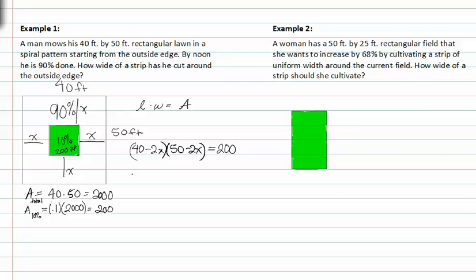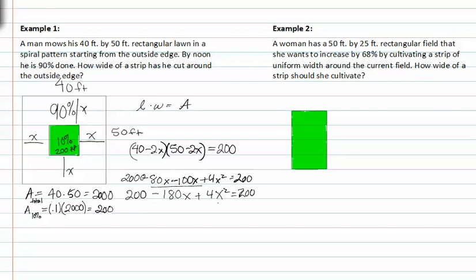When we FOIL our binomials, we get 2,000 minus 80x minus 100x plus 4x squared equals 200. From here, we can add like terms in the middle, and we get 2,000 minus 180x plus 4x squared equals 200.